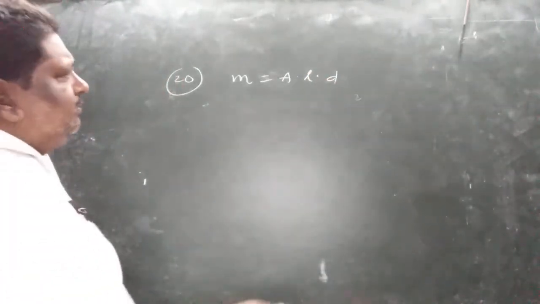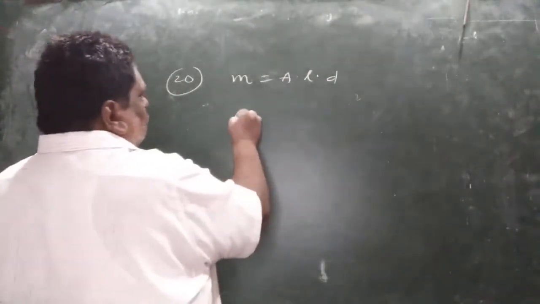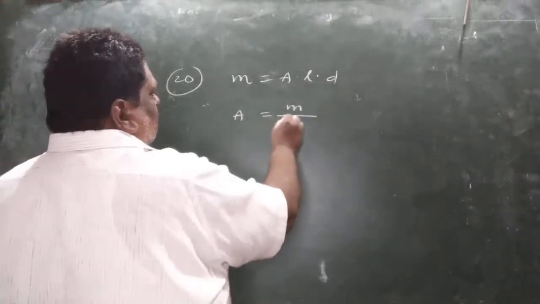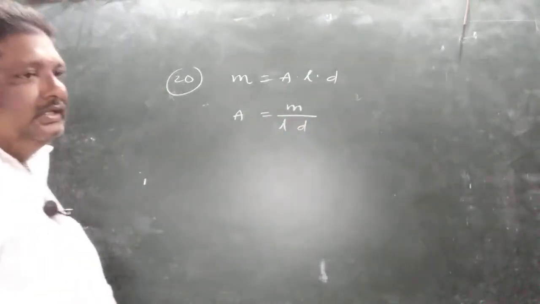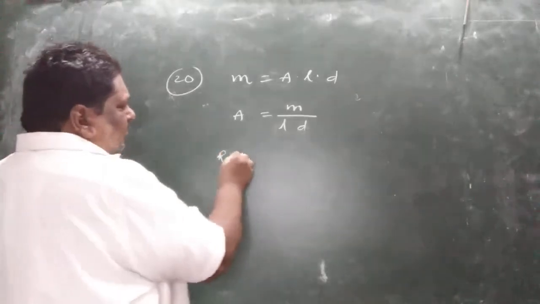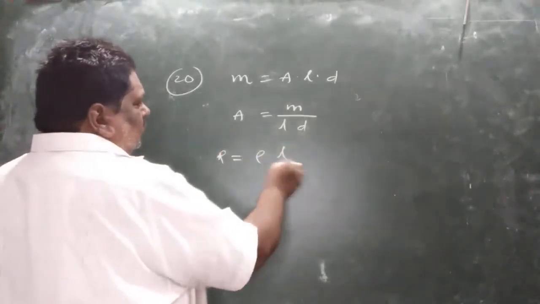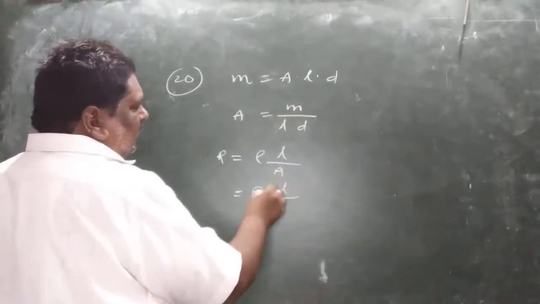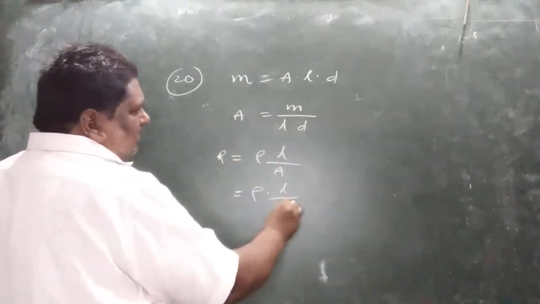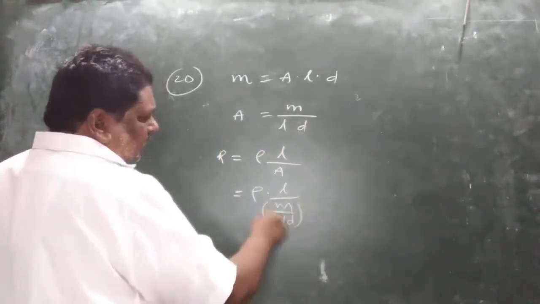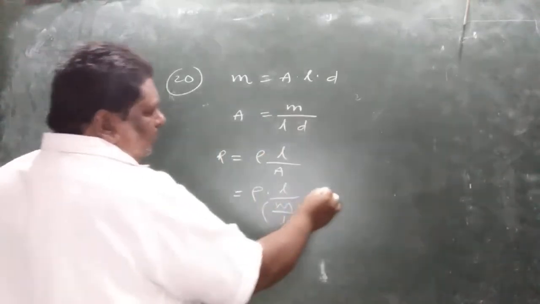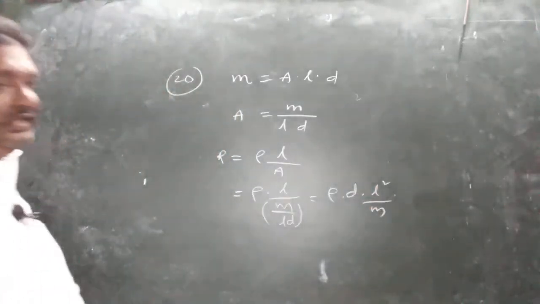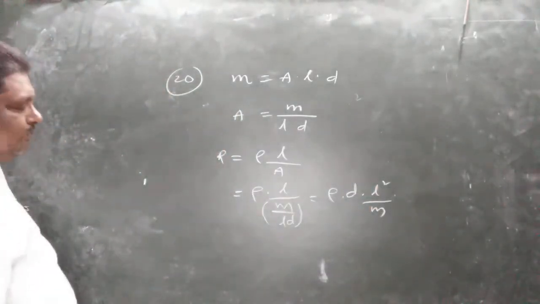Of course, same material means density is constant. So what is the cross section area? Mass by length into density. Keep it like that. What is the resistance formula? Rho into L by A, rho into length by area. Area is how much? M by L into D. LD goes to the top. Rho into D into L square by M. This is the resistance formula in terms of mass.